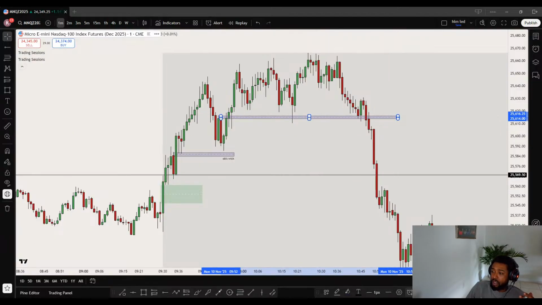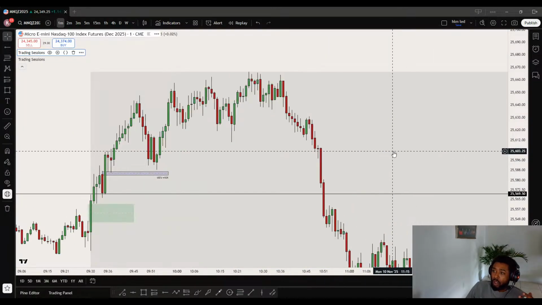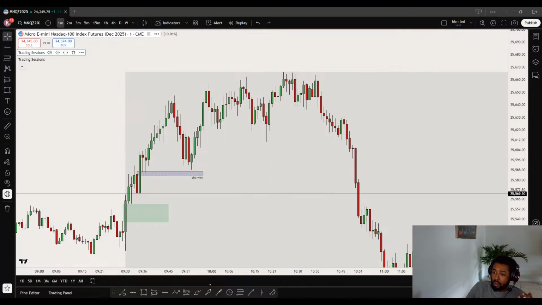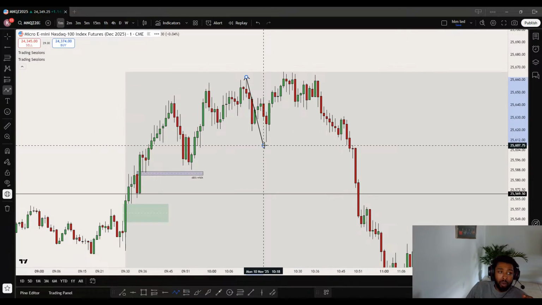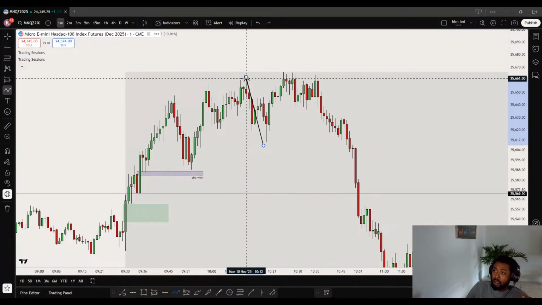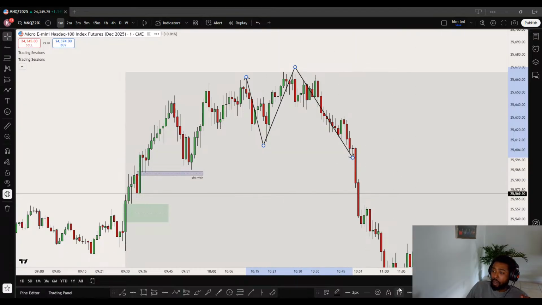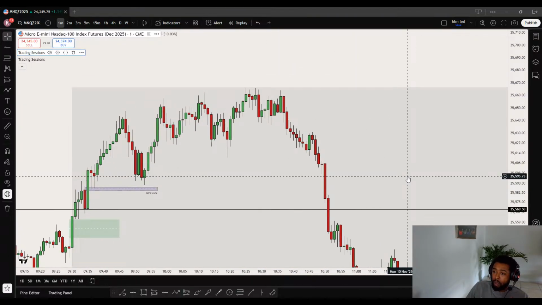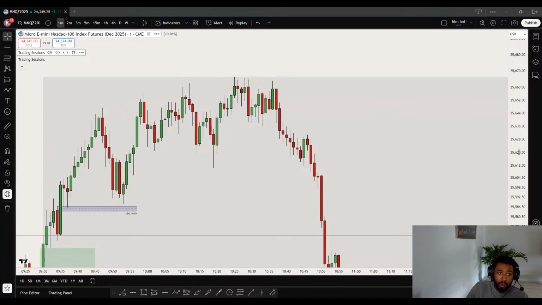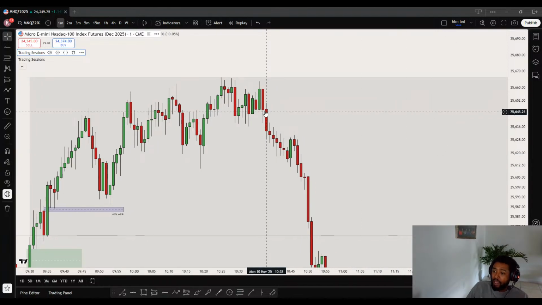Let's delete this. So we create a high, a low, a higher high, sweeping out this high. Then we create what? A lower low. That's a bearish breaker, just like a bullish breaker.